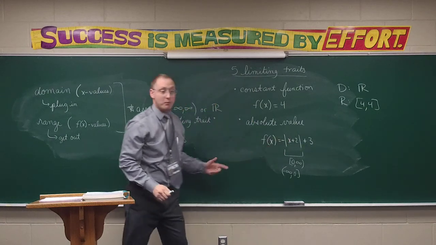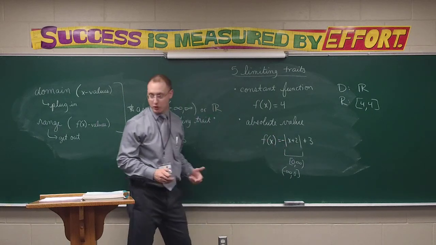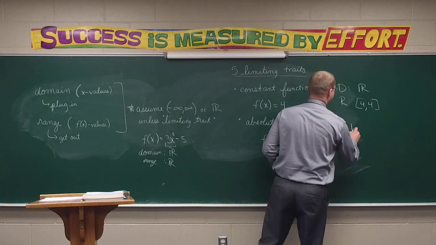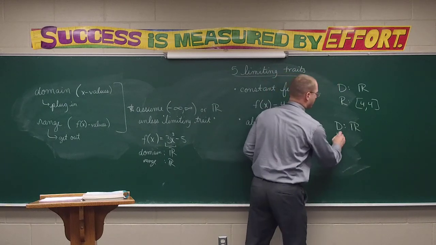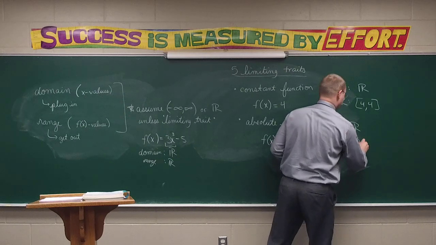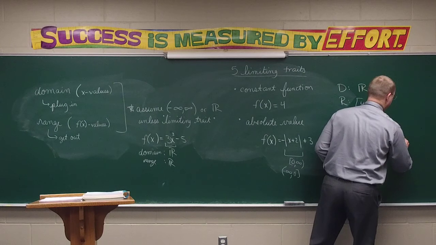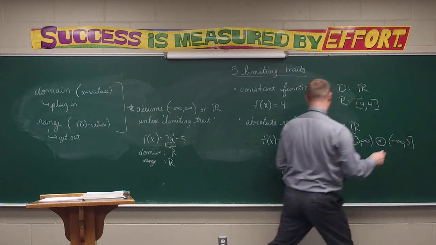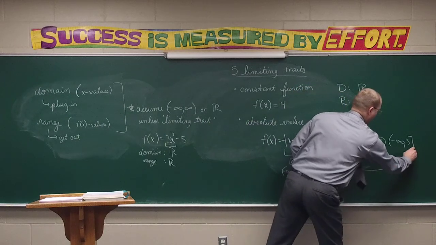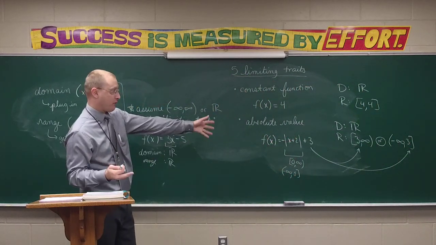But you can still plug in whatever you want, right? It's just what is the function going to do to whatever you plug in. Make sense? So for an absolute value, your domain is still all real numbers, but your range is either from, in this case, 3 to infinity, or negative infinity to 3. Notice that the 3 refers to the value that is added or subtracted, in this case added, to the function.